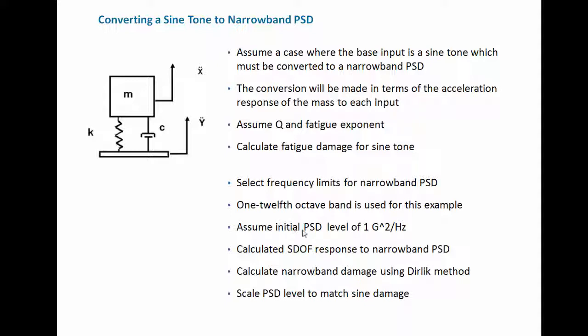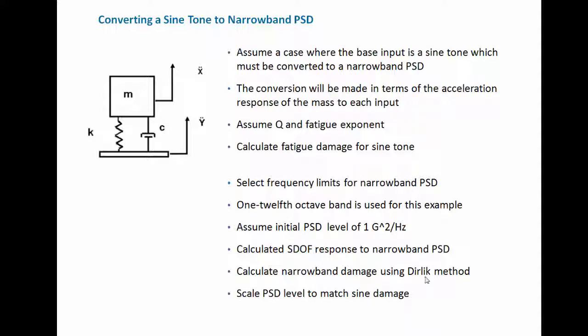Now we're going to assume an initial PSD level of 1 G square per hertz. So we have a 1/12 octave band PSD centered about the sinusoidal tone frequency with an initial level of 1 G square per hertz. Then we're going to calculate the single degree of freedom response to the narrowband PSD, and then we're going to calculate the equivalent narrowband damage. We could do this using the time domain method, but just to be quick, simple and easy, we're going to use the Dirlik method.